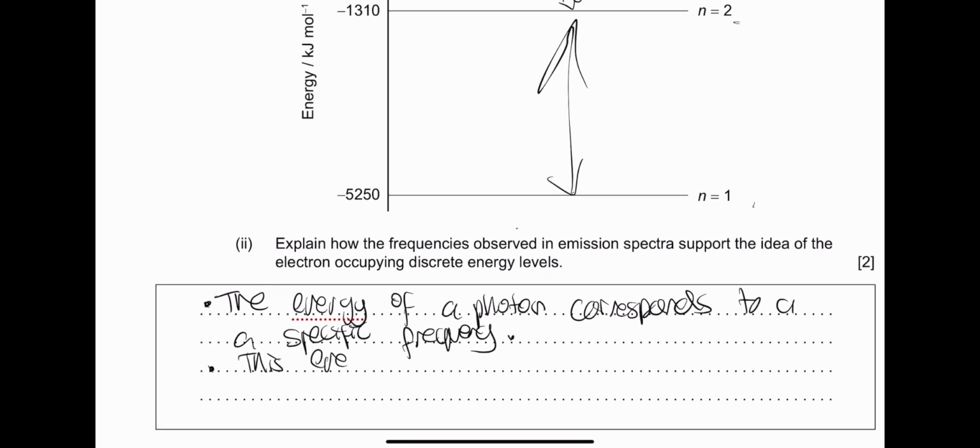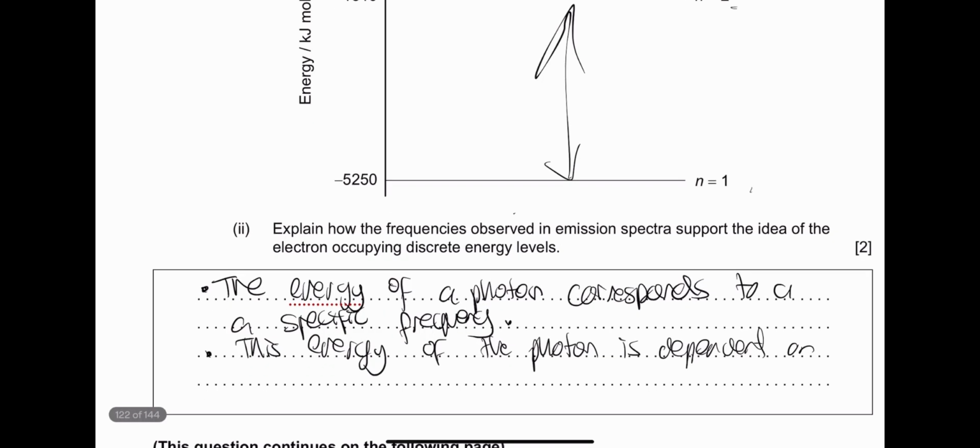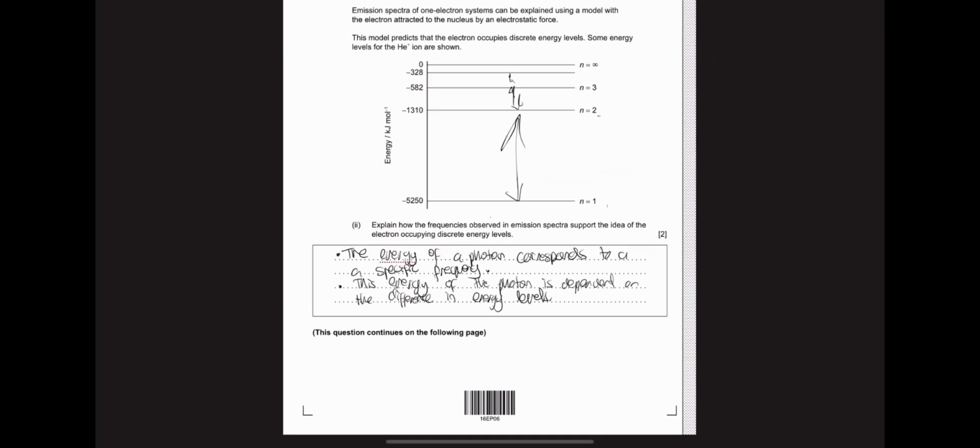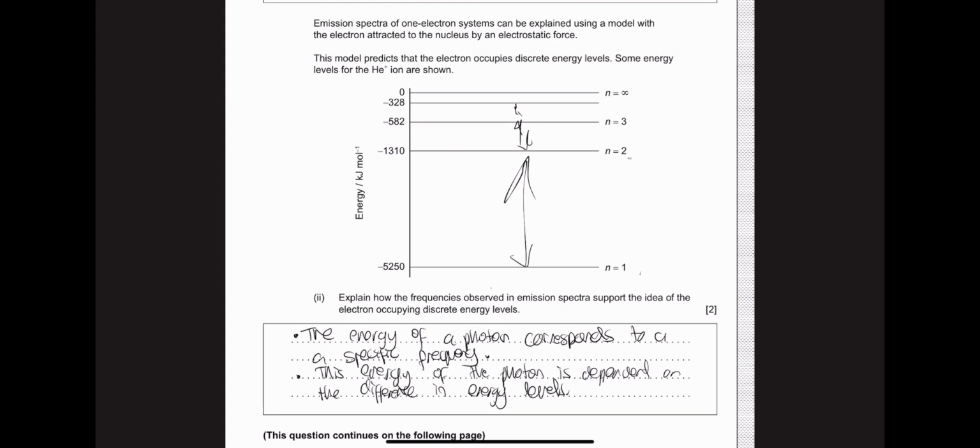This energy of a photon is dependent on the difference in energy levels. Yeah, that's a pretty simple one. A lot of this emission spectra stuff is memorization, so I'm not a big fan of it.